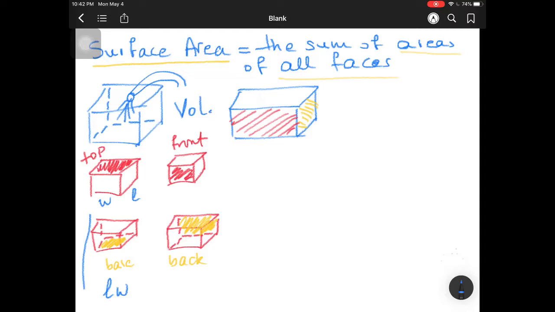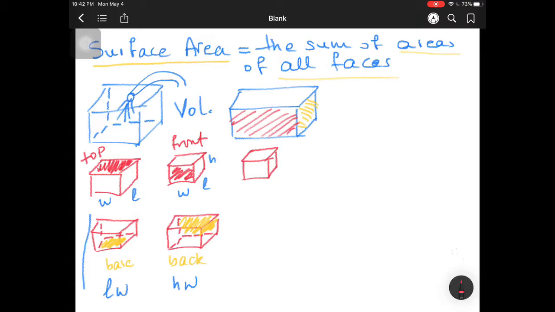Again, assuming that this is W and this is L and this is H, then the area of the front or the back would be HW, because it's a rectangle, and remember, in a rectangle the area of the rectangle is length times width. We have 2 more faces to deal with.